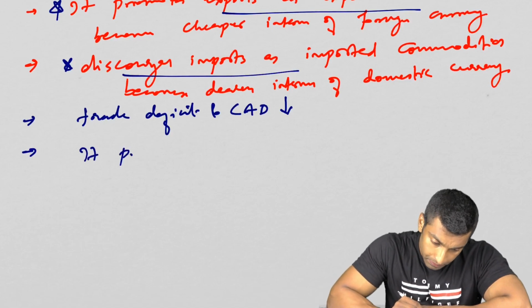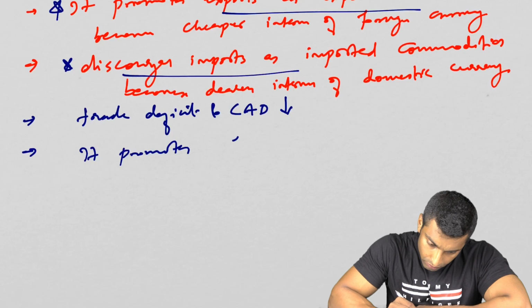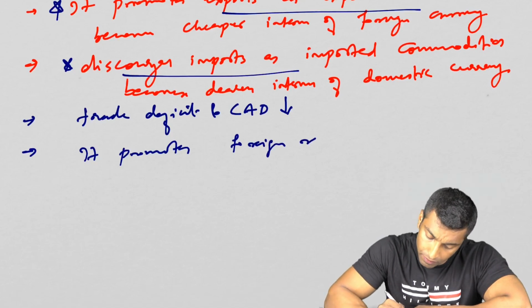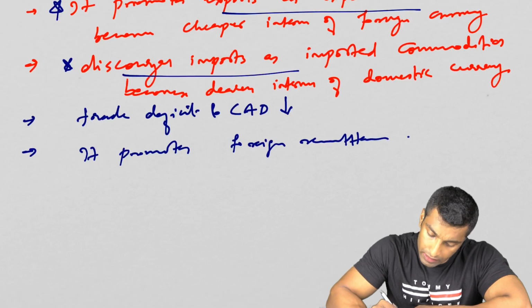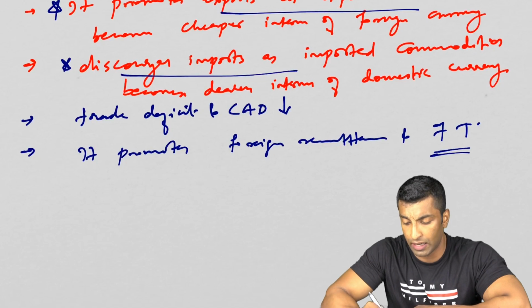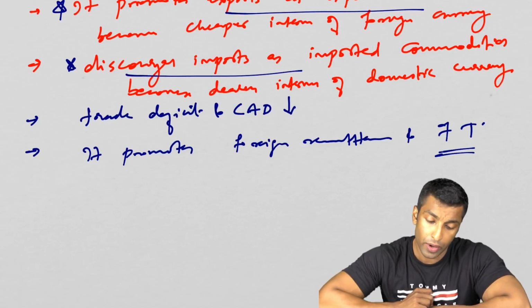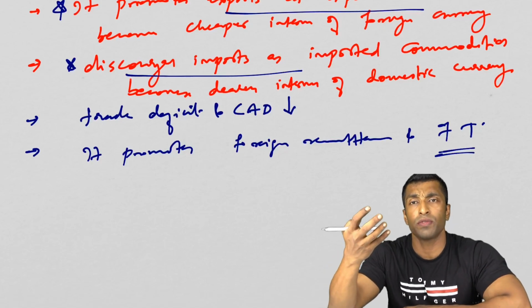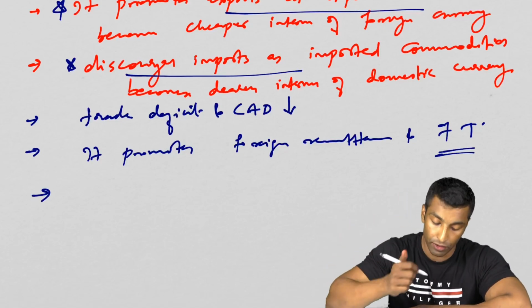So it promotes foreign remittances, inward foreign remittances, and foreign tourism. Just writing like this only, foreign tourism. Okay, so automatically what will happen? It tends to increase the forex reserve and it will strengthen the BOP situation.